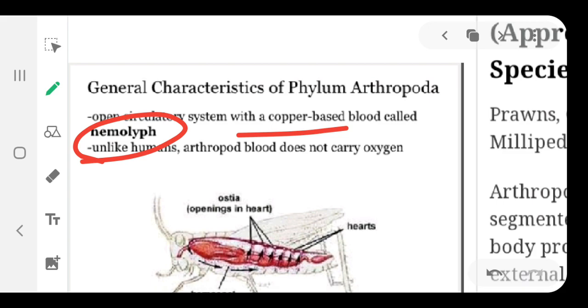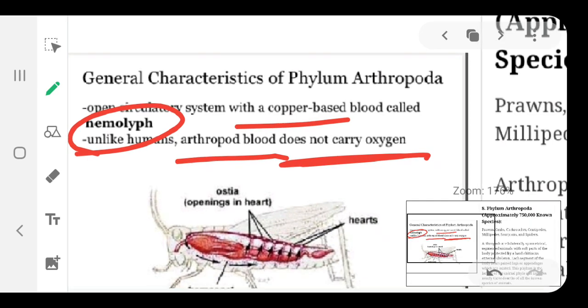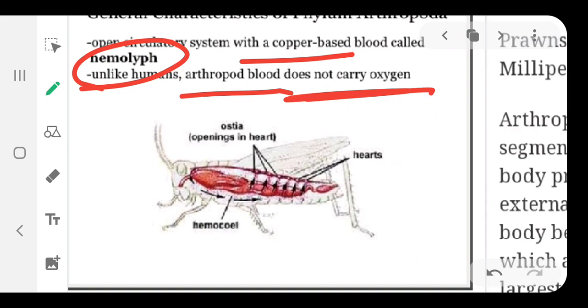Underline this word, H-E-M-O-L-Y-M-P-H. Okay, and unlike in other animals, arthropod blood does not, underline the words, does not carry oxygen. As our blood carries oxygen, for them the blood does not carry oxygen. And you can see the location of all this, where the heart is located in arthropods.